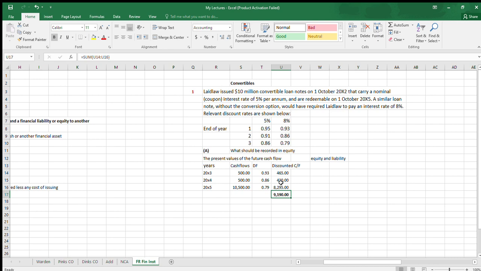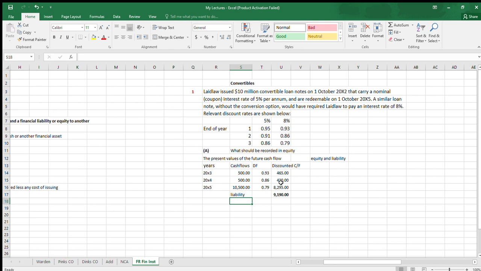And what is our proceed? Remember this, we are working on the liability, because whatever you are doing with the interest is liability. It's not equity, it's liability. So liability, that's all.